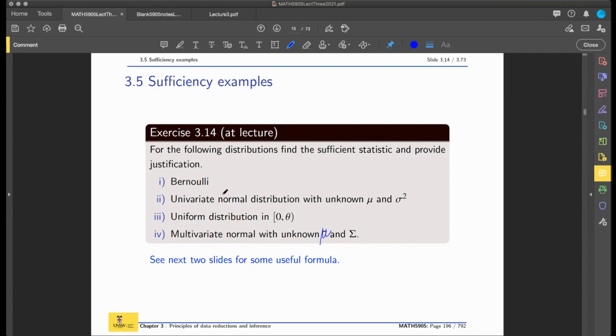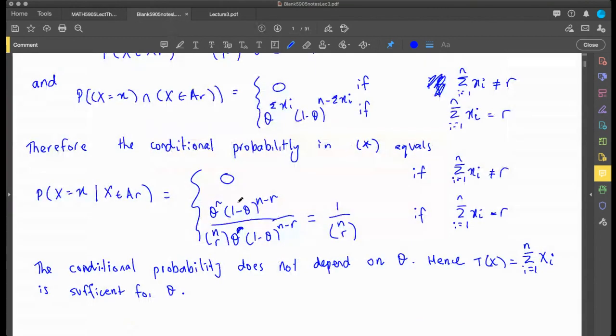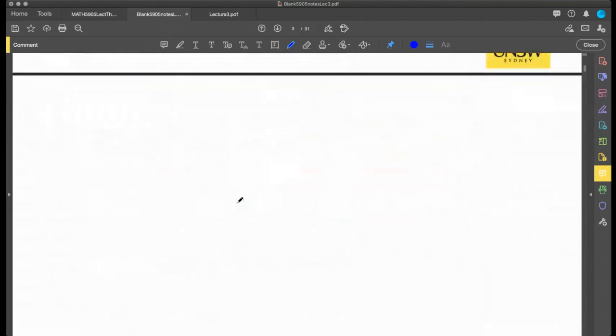All right, let's look at the Bernoulli case first, which has been our go-to example so far. Why was the sum of the observations sufficient in the case of the Bernoulli? We showed why, but let's see how we can actually come up with it. So this was the first example.